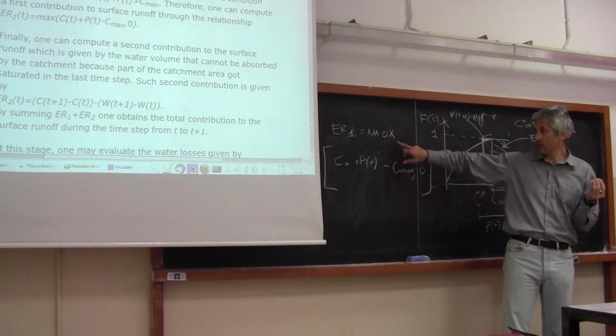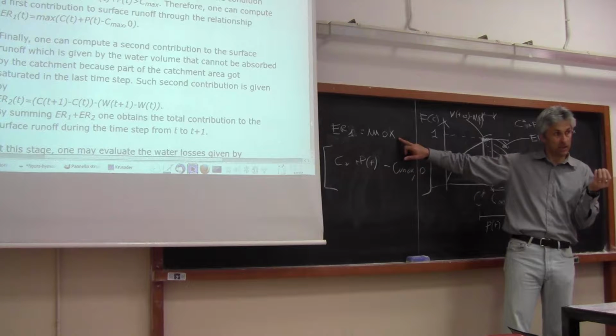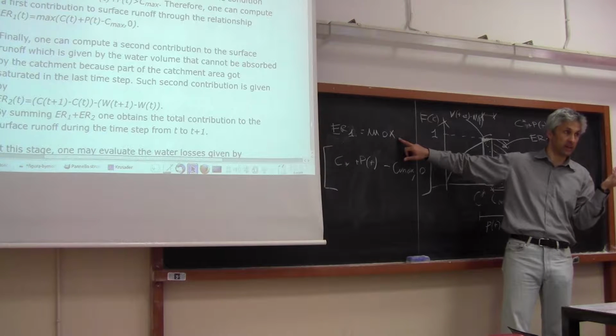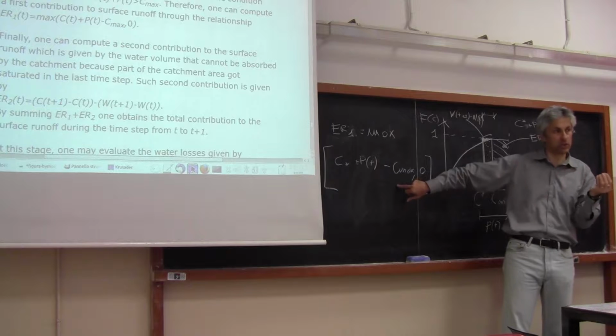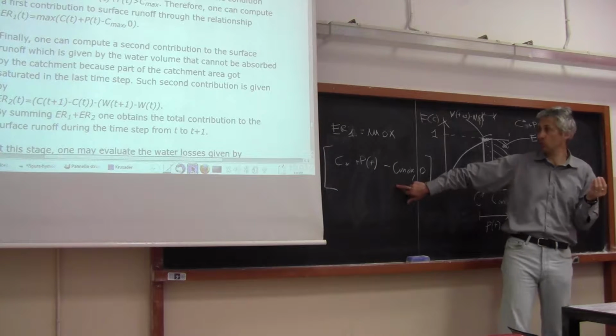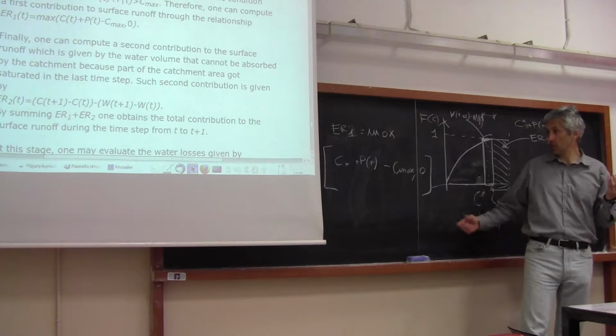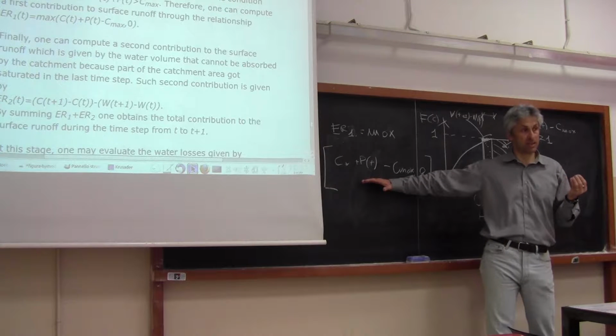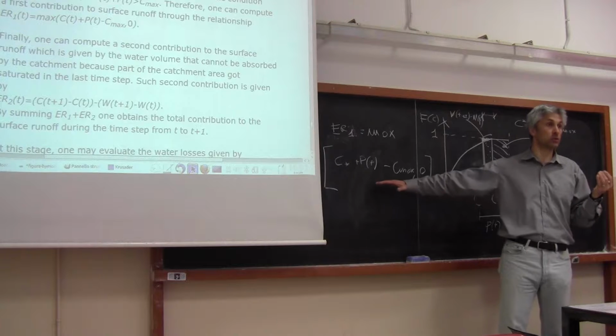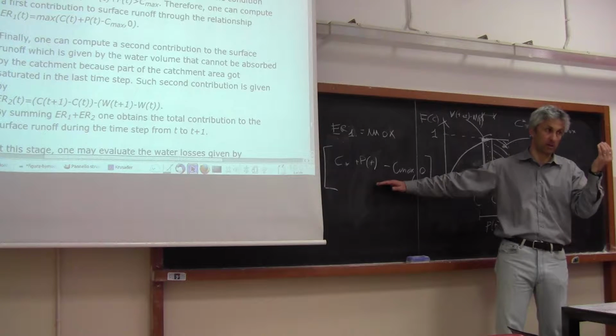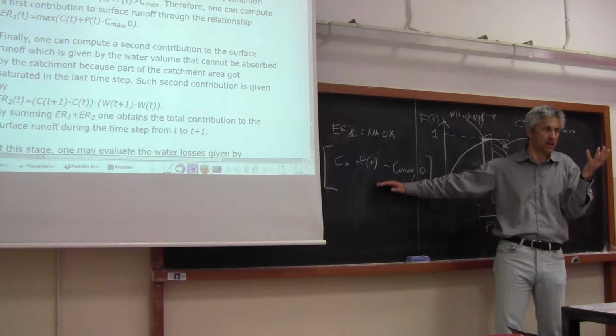Because here there is a maximum, and this max operator is intended to avoid computing any contribution ER1 before saturation, because if this difference becomes negative, it means that the catchment is not saturated and you shouldn't compute it.